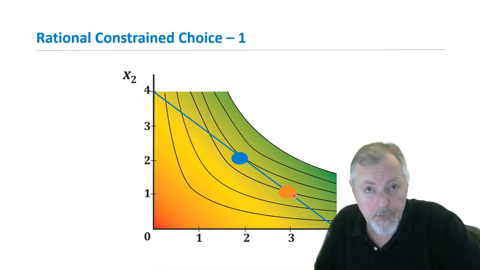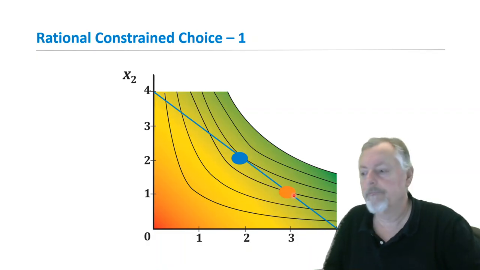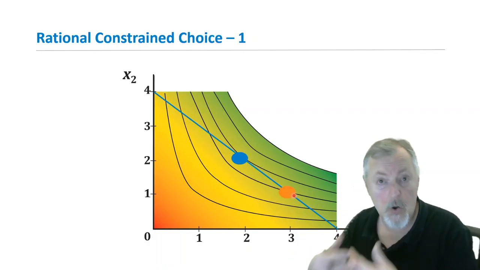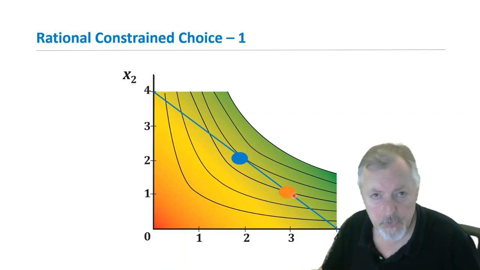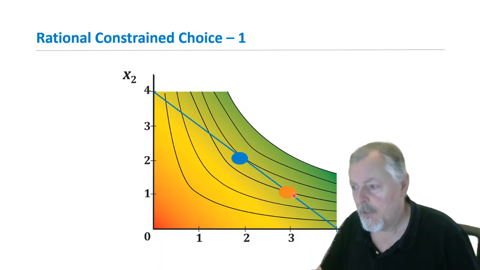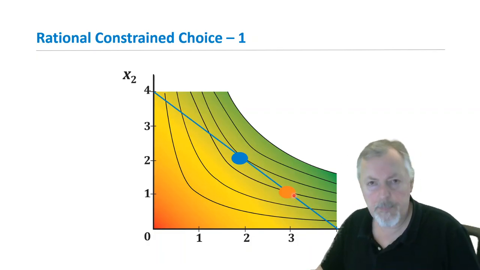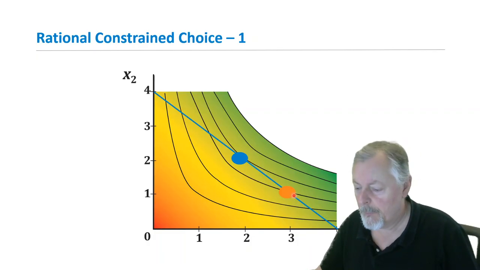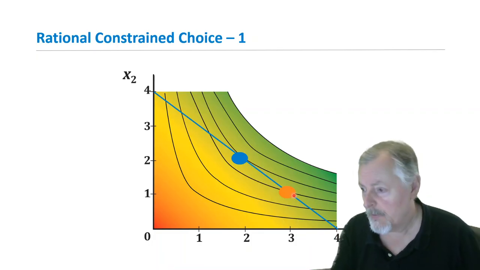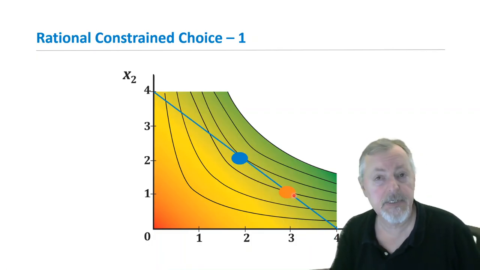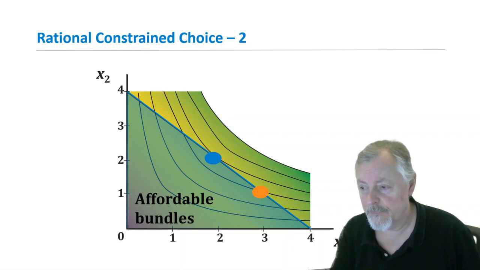So both are affordable, but just barely. This person is spending all of their money, which is what we know they will do in this model. So which one will they pick? Well, they'll pick the one that gives them the most utility, that puts them on the highest indifference curve.